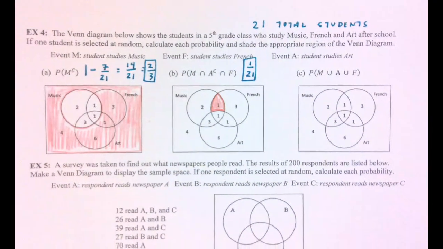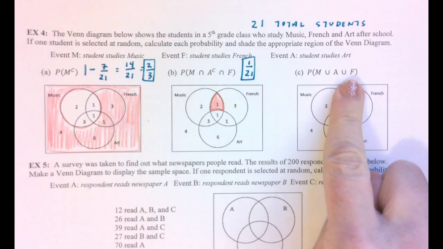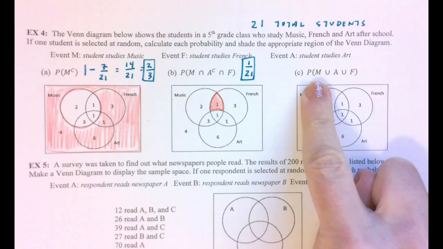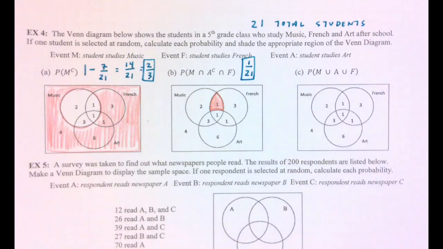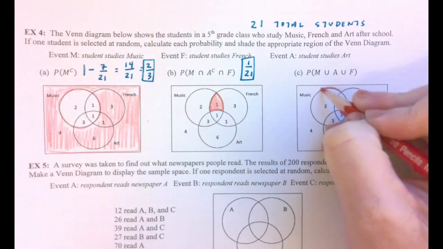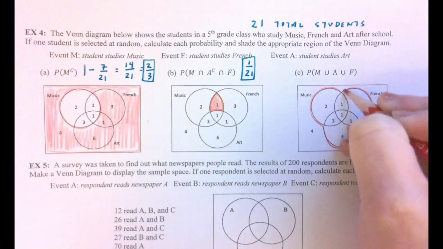Okay, and then lastly, the union. We're saying if it's a union of things, it could be someone who studies music, could study art, could study French, could study one of these things, could study 2 of these things, could study 3 of these things. So the union, it could be either or, could be 1, 2, or 3 of these things.